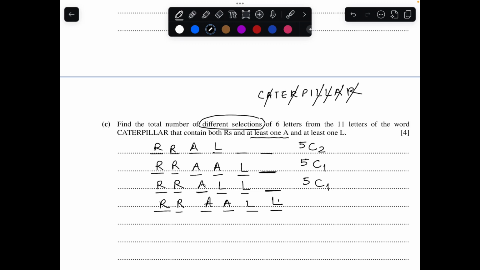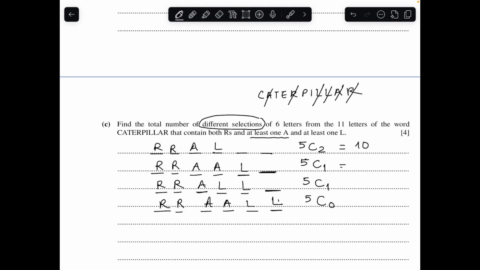That means there's no other space left to fill. So 5 from the 5 letters we choose none. So this works out to be 10, 5, 5 and this is 1. So the total number of ways would be 21. Alright, so that's about this question.